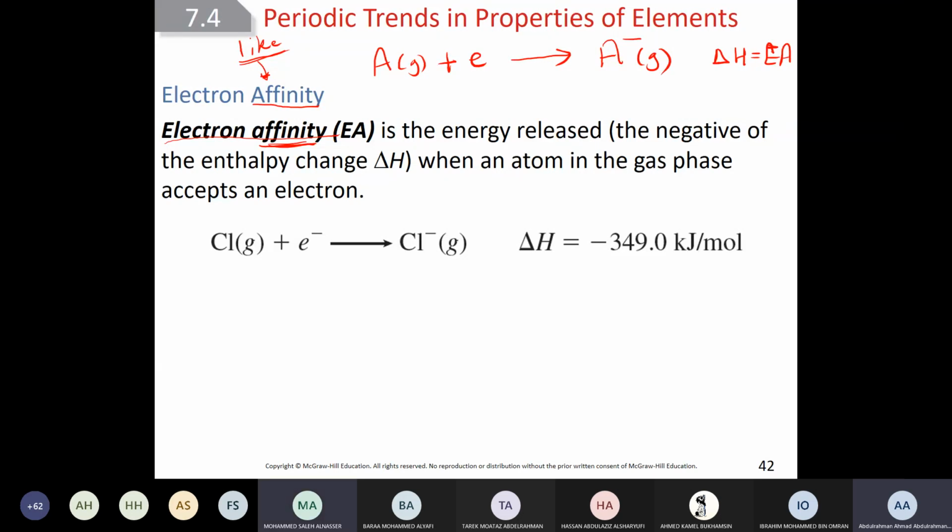Okay. My question is, why do they call it electron affinity? It likes to add the electron. The energy that goes with this one is called what? Electron affinity. Of course, this is the first electron affinity. Can you tell me what's the reaction for second electron affinity?